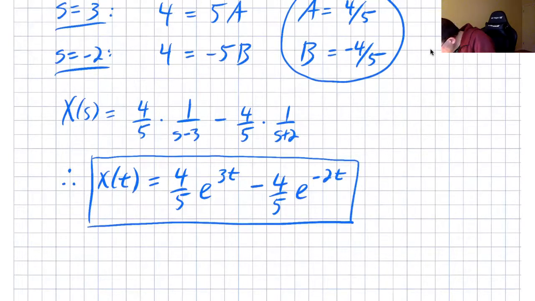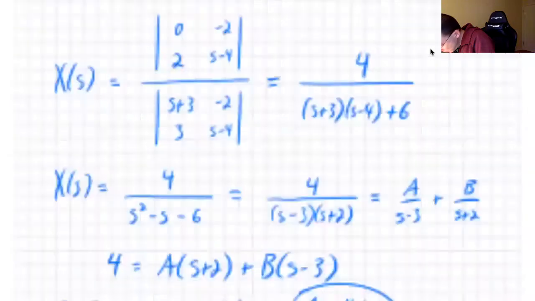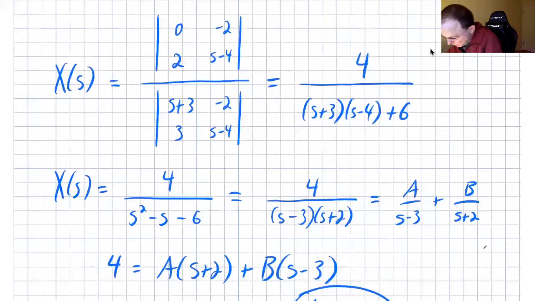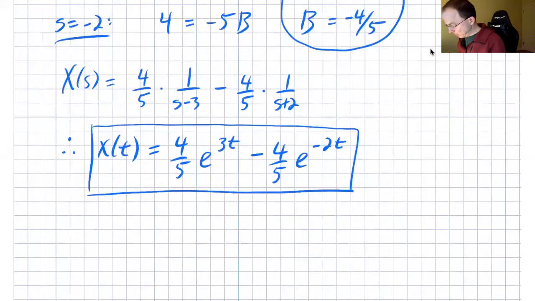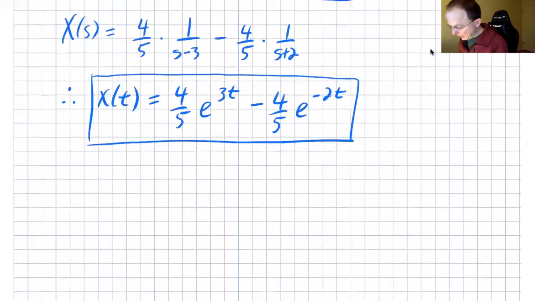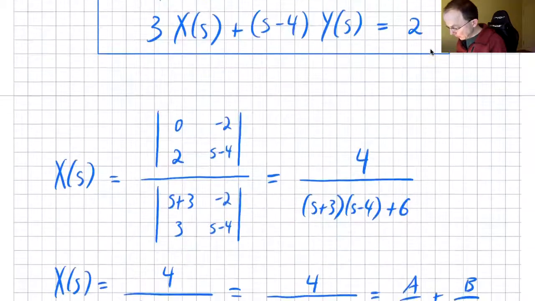I'm going to zoom over here, and let's have a look right here. x of t is 4/5 e to the 3t minus 4/5 e to the negative 2t. So that is a match. That's exactly what we have here. That's perfect. Now let's do the y of s.